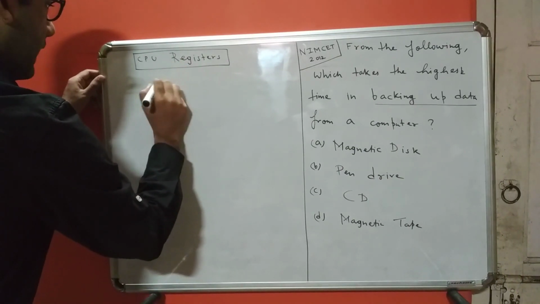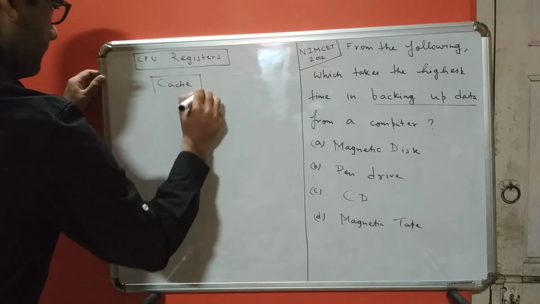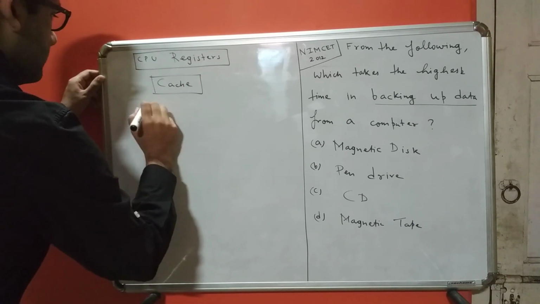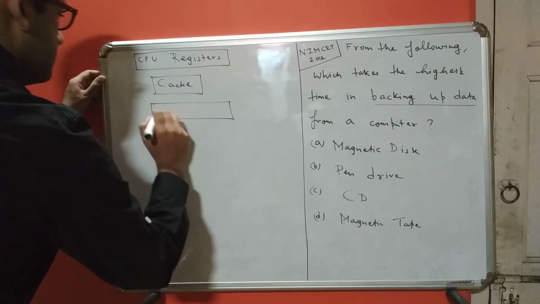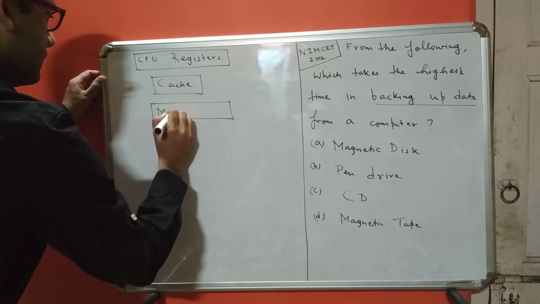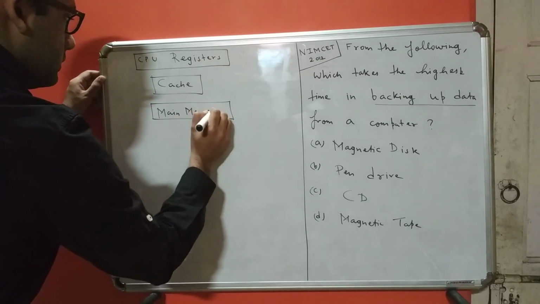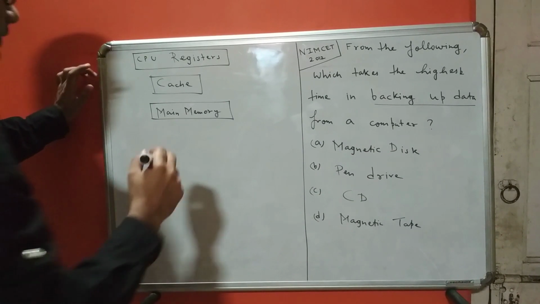At the next level we have cache memory. Below it we have our main memory. RAM and ROM both make up the main memory of a system.